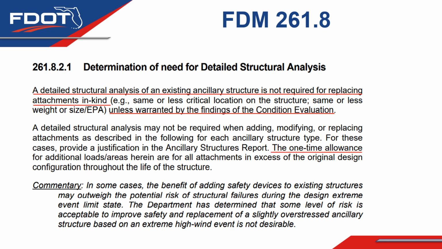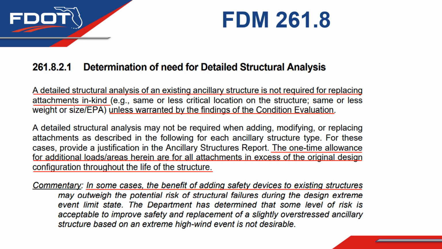We do want to make it clear that the additional loads allowed in this section are for a one-time allowance. This does not mean that you should go through one project, add attachments based on this, and then come through another project and add additional attachments. These are all attachments in excess of the original design throughout the entire life of the structure.